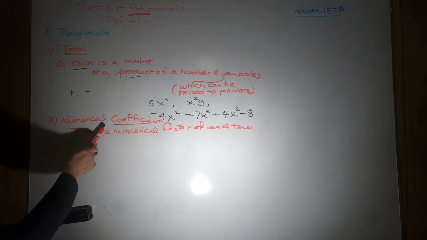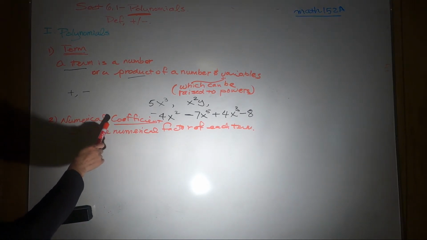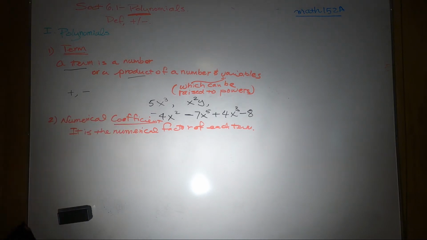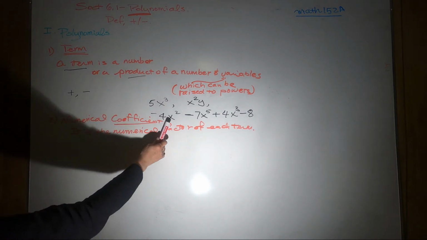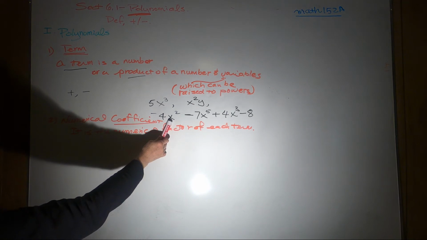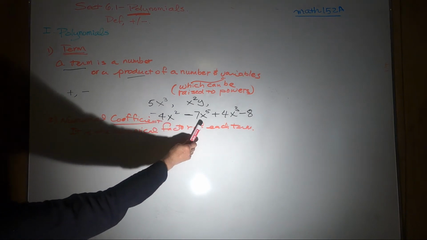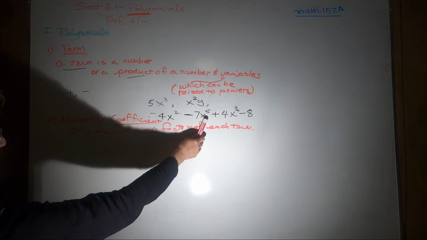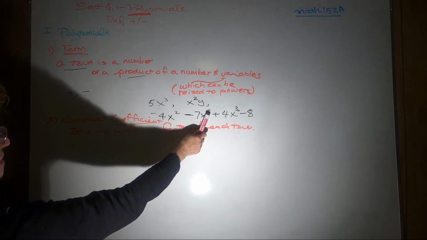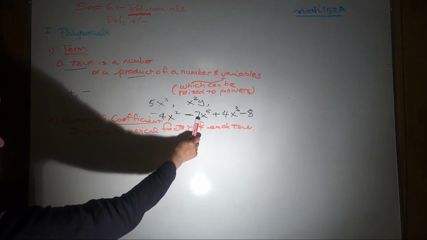Then the number part of it is called coefficient. So for each term, this coefficient for x squared is what? -4. For this term, -7x to the 5th, the coefficient is what? -7.